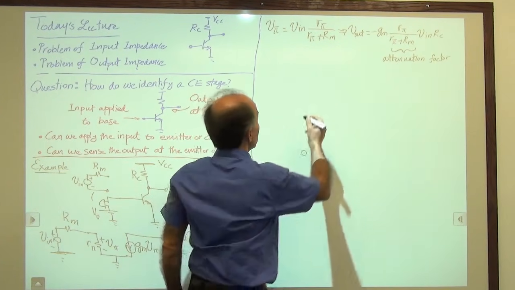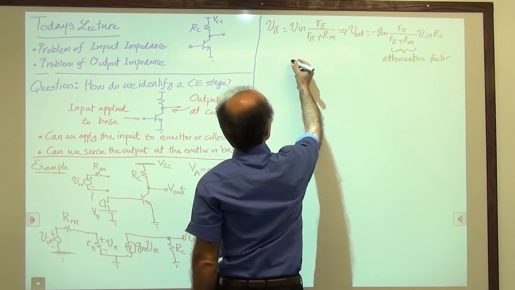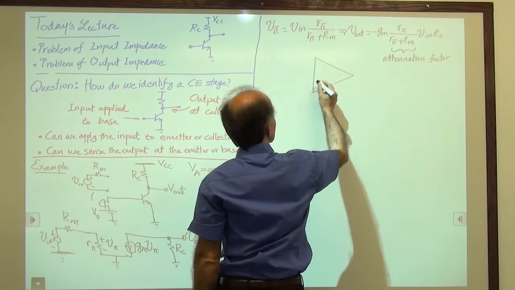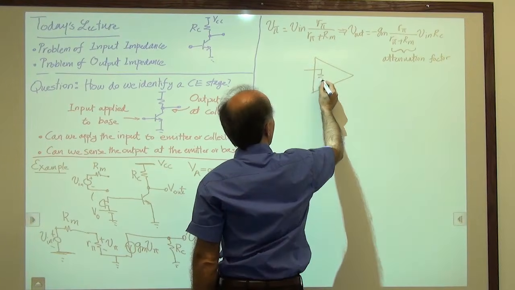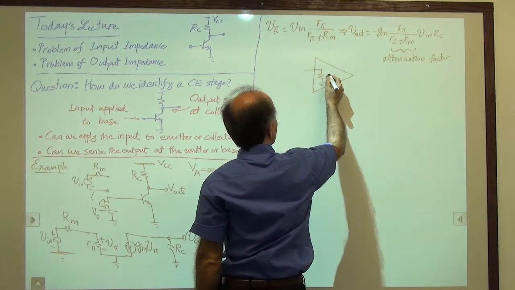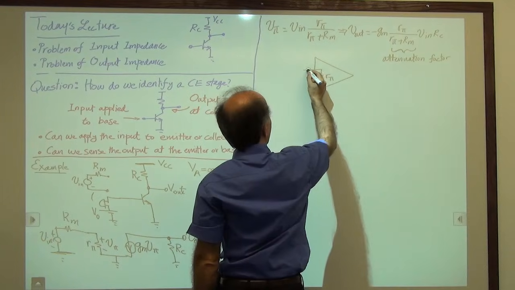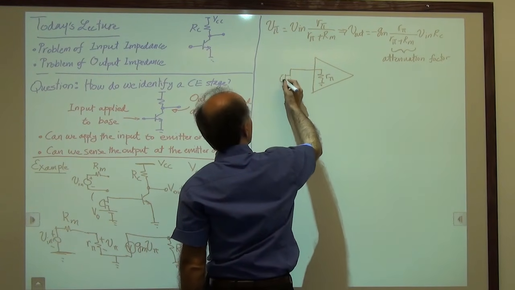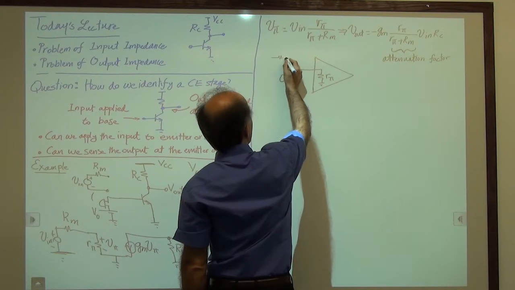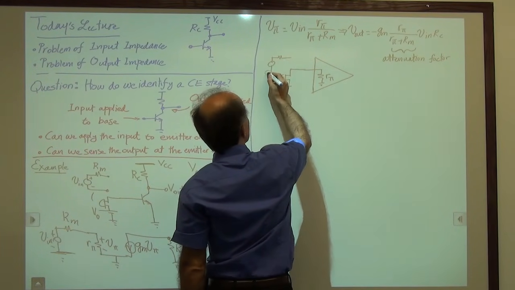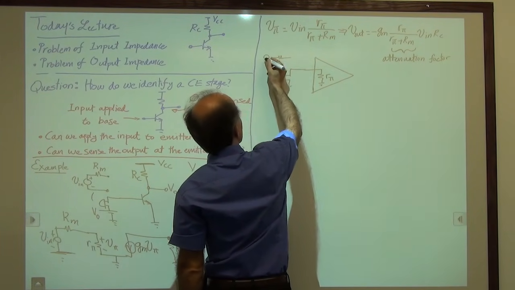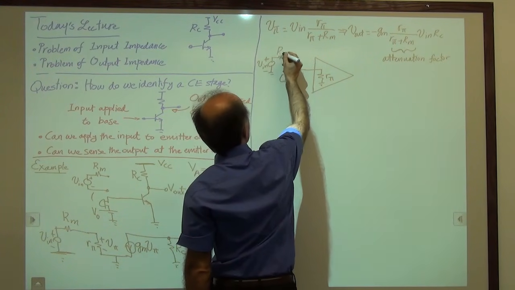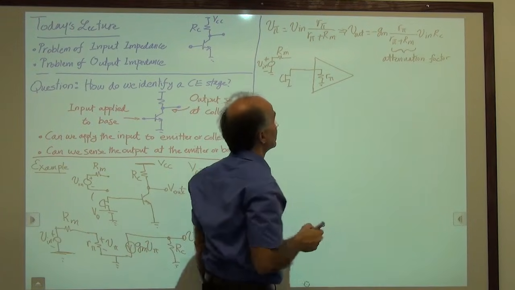So what we are looking for is something like this. We have some sort of amplifier which happens to have some resistance in here, R pi, and we are driving it by some sort of microphone, and the microphone is like so, right? We have a voltage source and some sort of internal resistance.